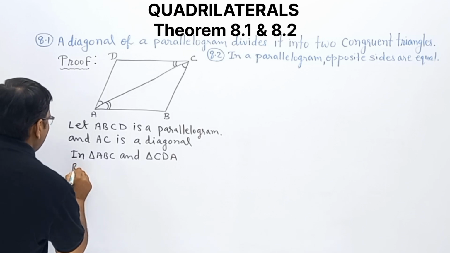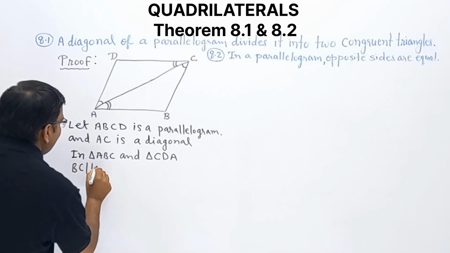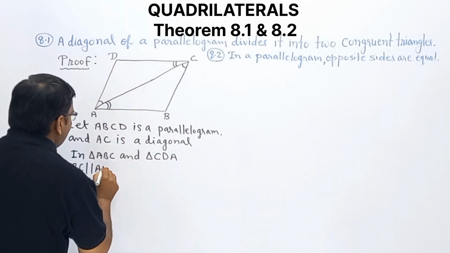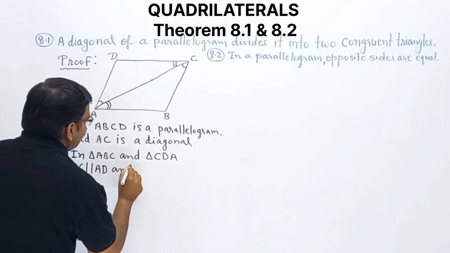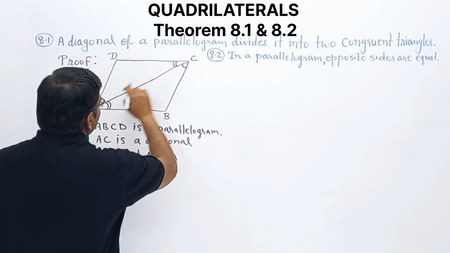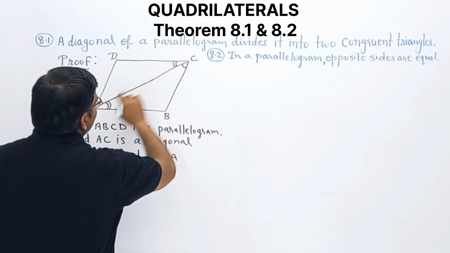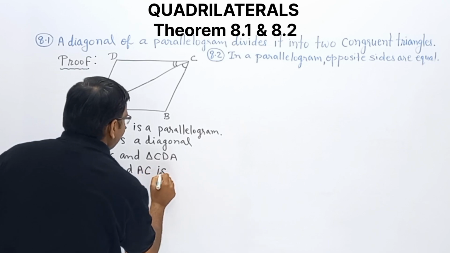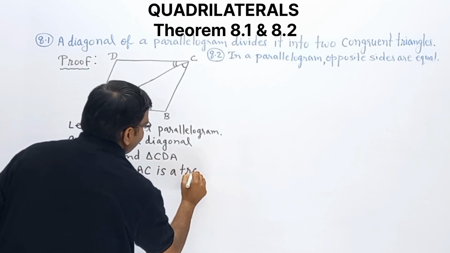Observe carefully. BC is parallel to AD, and for both parallel lines, one transversal is there. This one is what? AC. AC is a transversal.